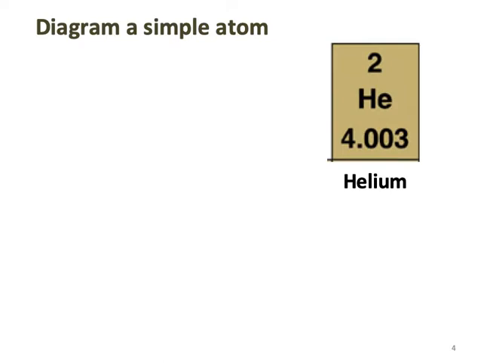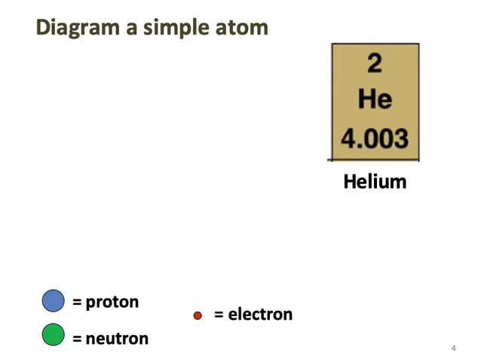Now I want to diagram a simple atom, and I'm going to choose helium, He. Now this is how helium is represented in the periodic chart. There's a number on top, and before we get to that, let's represent protons with blue circles, neutrons with green, and electrons with red circles. So back to this number 2 at the top.